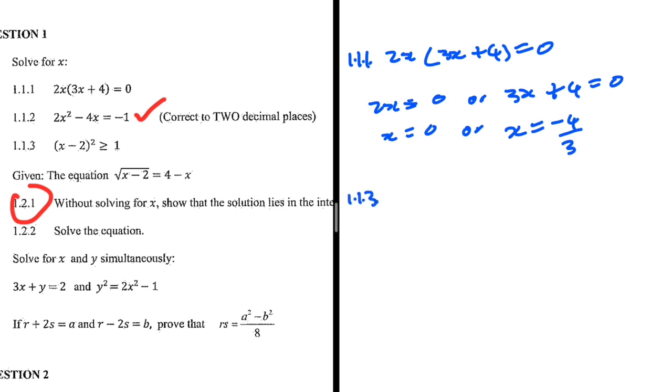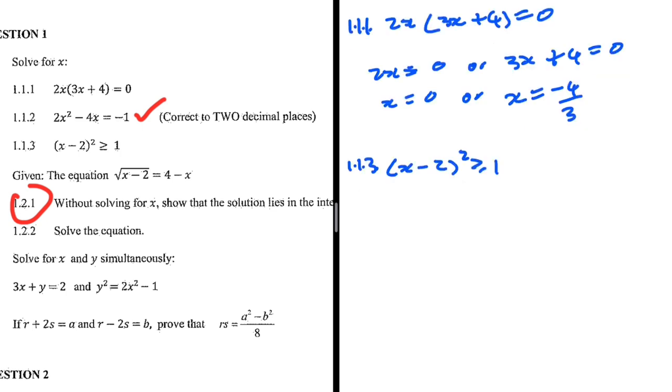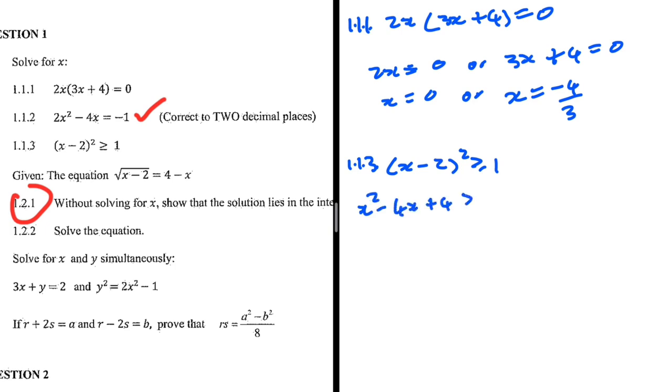In 1.1.3, we have an inequality. We have x minus 2 everything squared being greater or equal to 1. Let's expand x minus 2 everything to the power 2. We get x squared minus 4x plus 4 greater or equal to 1.